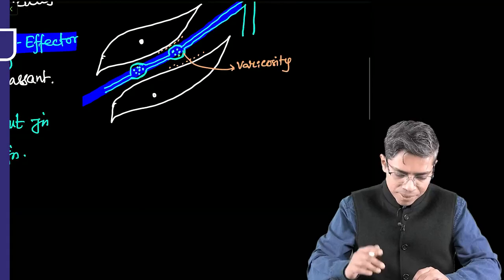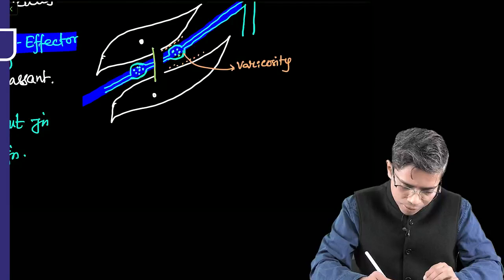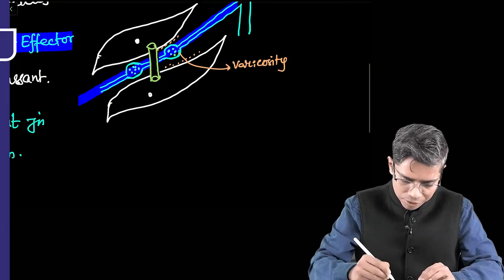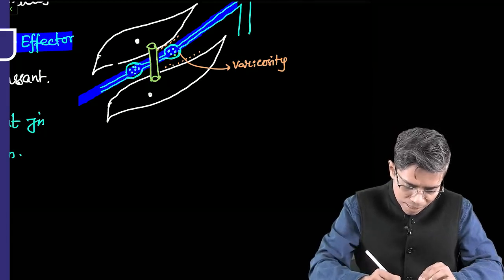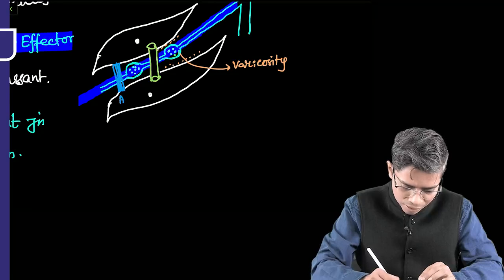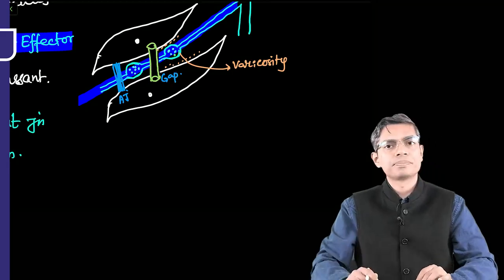So let me draw here. In between two smooth muscle cells, there may be a channel protein, that is the gap junction. So the gap junction channel protein may be present. Apart from this gap junction, two smooth muscle cells remain attached to one another with the help of the attachment junction, and this is known as the adherens junction. So this is the adherens junction and this is the gap junction, right?